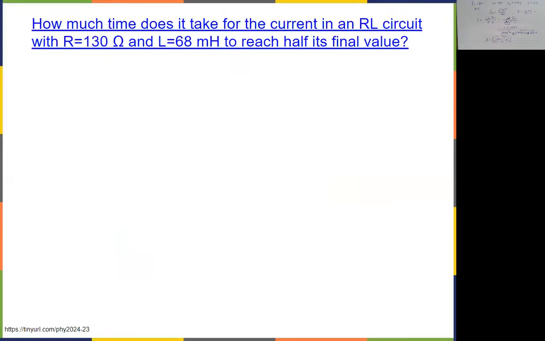Let's take a look at the example here. It says, how much time does it take for the current in an RL circuit with R equal to 130 ohms and L equal to 68 millihenry to reach half its final value?